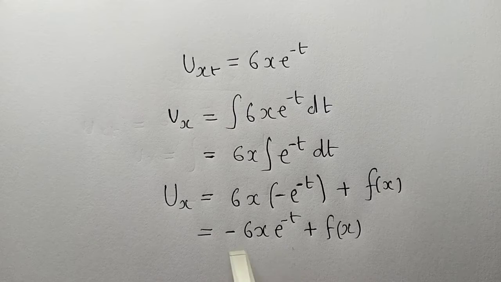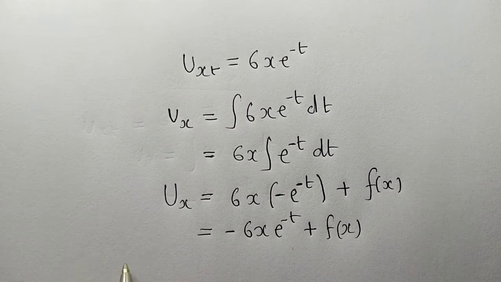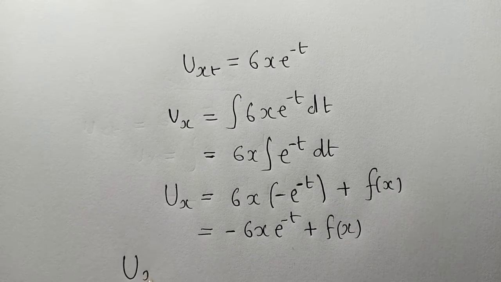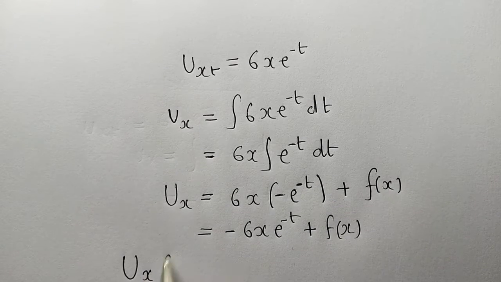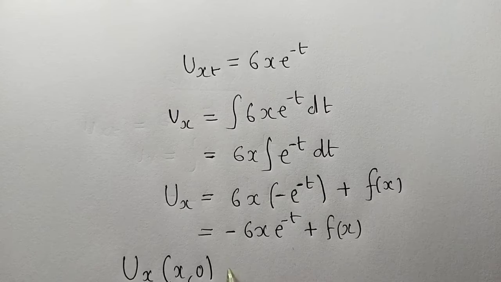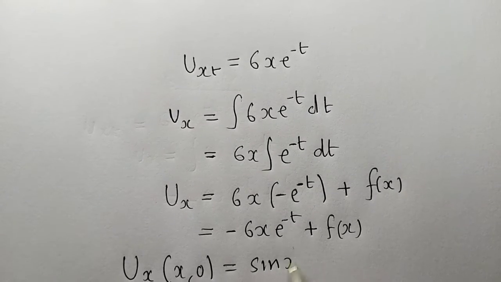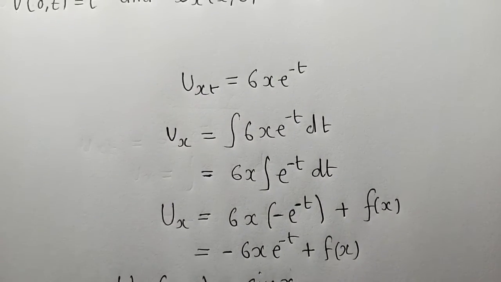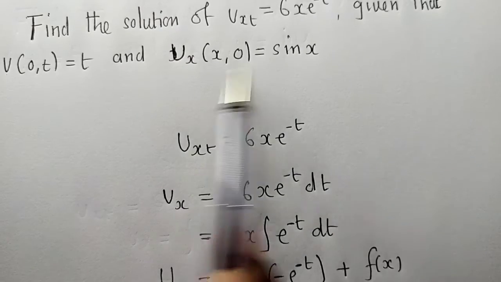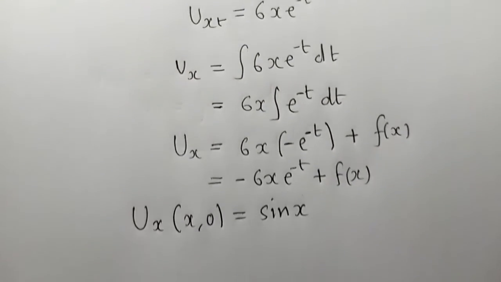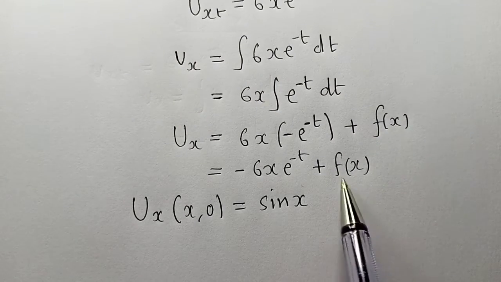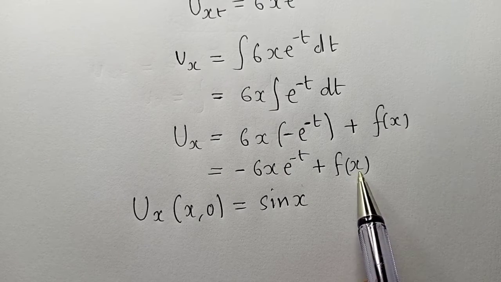We can even apply the condition here at this point, because we've been given a condition which says u subscript x of x comma 0 is equal to sine x. This condition is right here in the question. You can see it. So we can use the condition here to find what our f of x is.